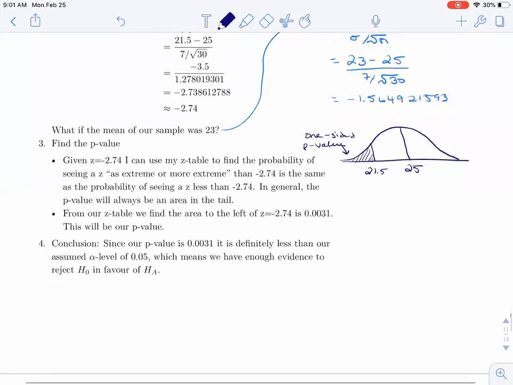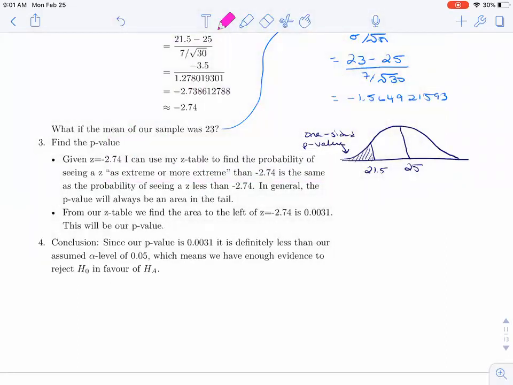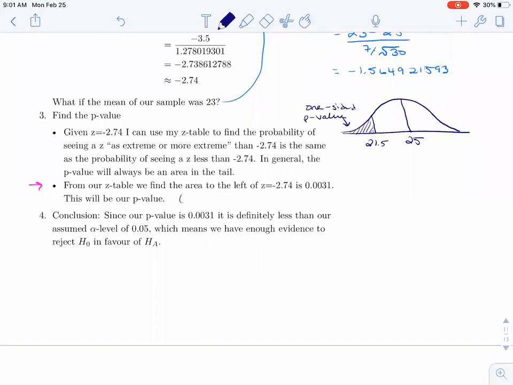And so here, from our z table, we find the area to the left of z equal to negative 2.74 is 0.0031. This will be our p-value. In fact, I'll just add that our one-sided p-value is 0.0031.